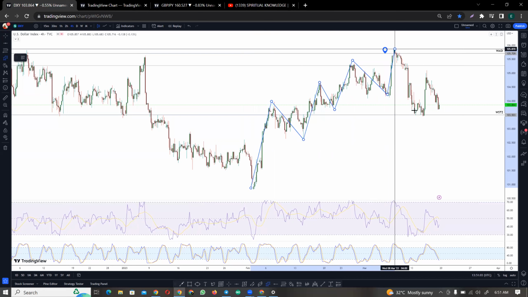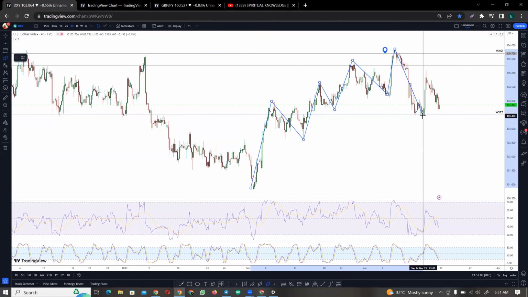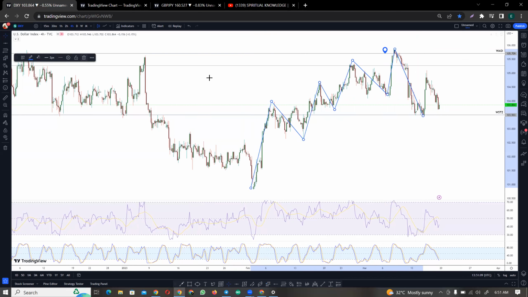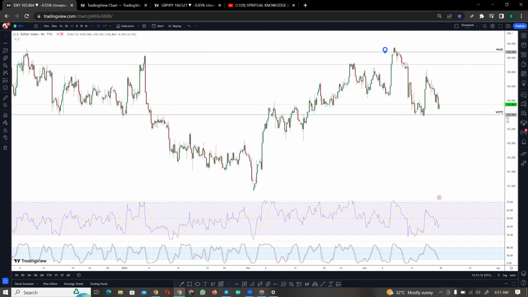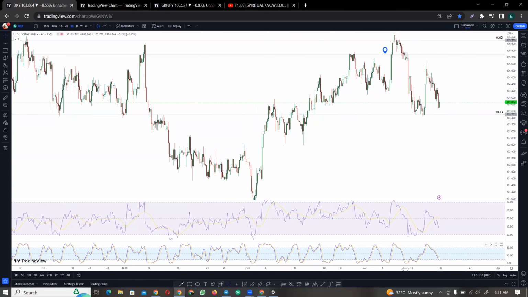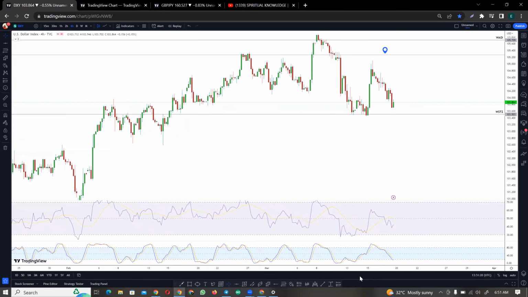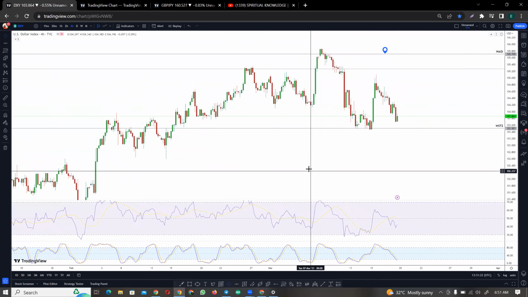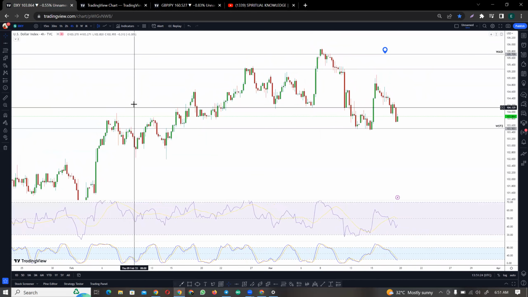Then it did what? It took out this higher low, right? So taking out that higher low, I've made it bearish on 4-hour. So we are now bearish on weekly, bearish on daily, and bearish on 4-hour time frame.